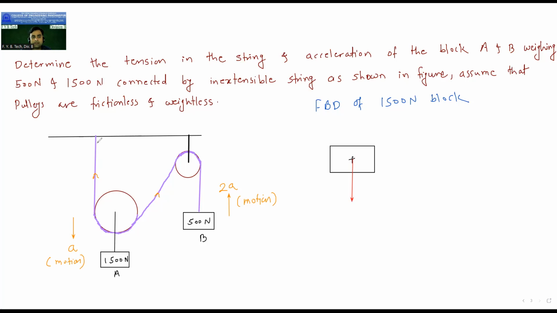Now here you can see the tension in the string. Here the tension is T. And this string, the tension is also T. If you consider the free body diagram of this pulley, I will show it. I am considering the free body diagram of this section, only about this pulley.